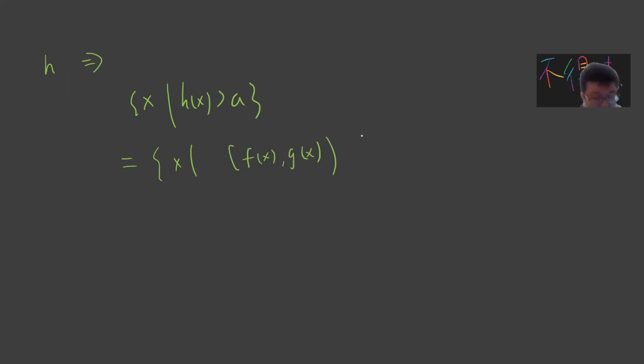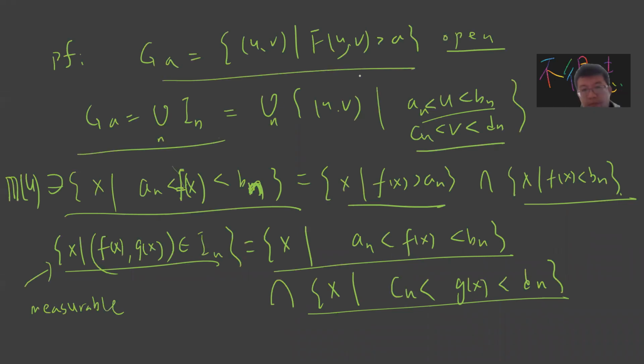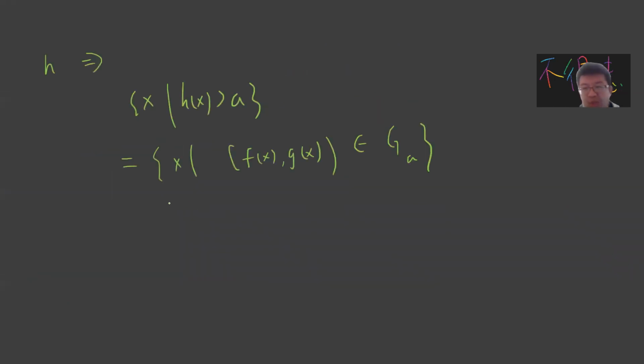Okay, so finally, let's consider h. I want to ask for which x h of x is greater than a. This is the same as asking for which x (f of x, g of x) belongs to G_a. That is just the definition, right?